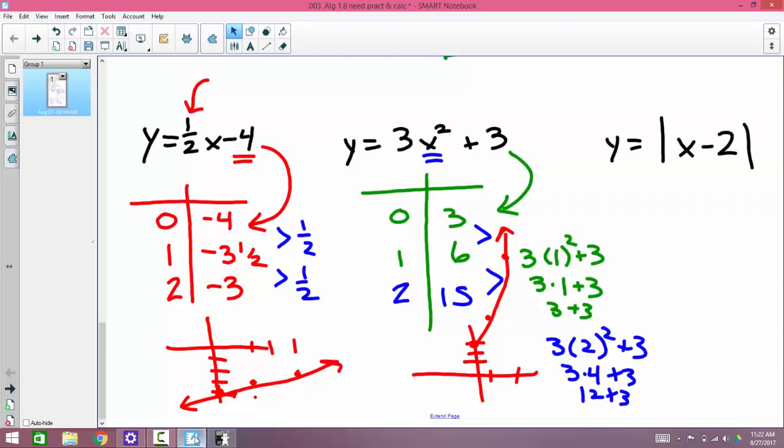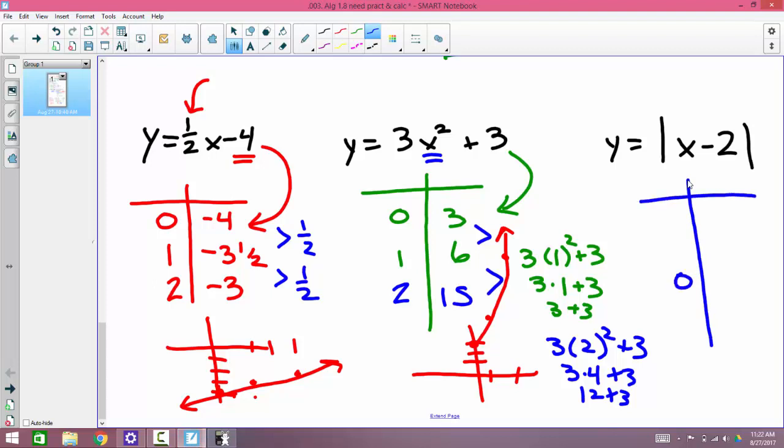Maybe we should do this first right here. So 0 would give you the absolute value of negative 2, which is 2. 1 would give you the absolute value of negative 1, which is 1. 2 would give you the absolute value of 0, which is 0. 3 would give you the absolute value of 1, which is 1.